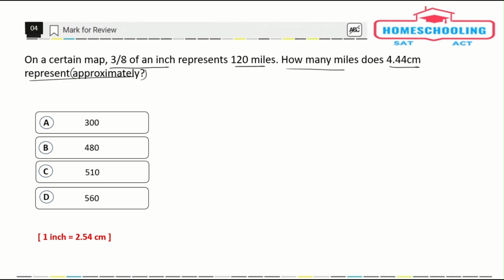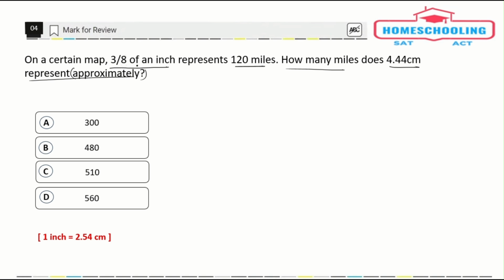So we have to find the approximate value. So as we can see here, there are two pairs, the 3/8 of an inch is equal to 120 miles, and we have to find what 4.44 centimeters represents on that map.